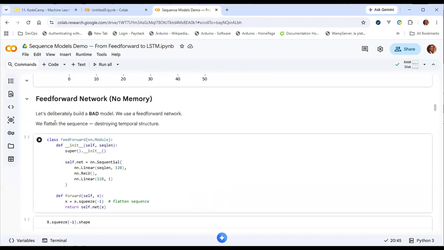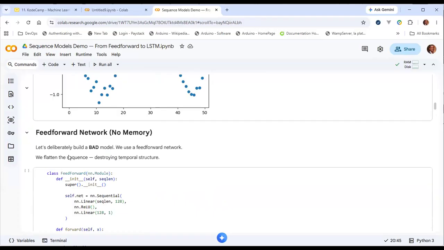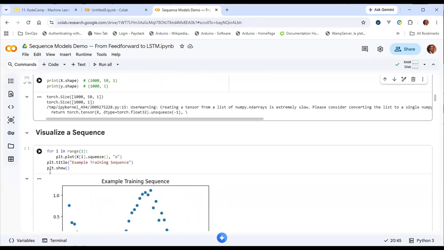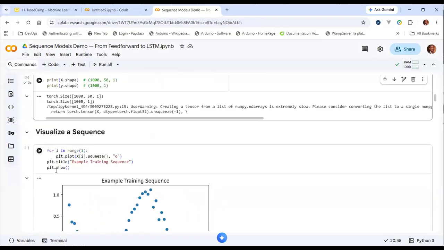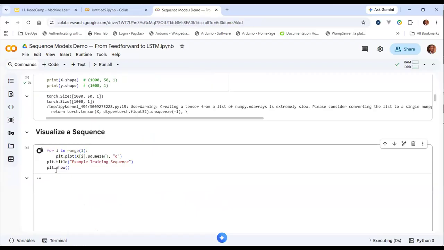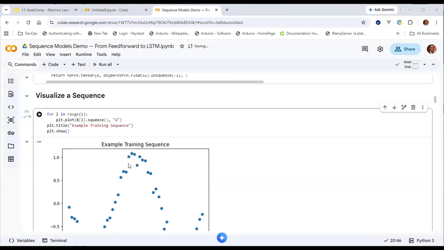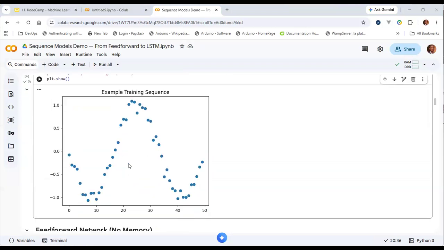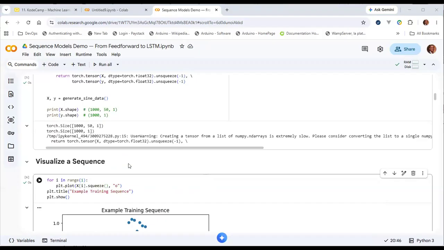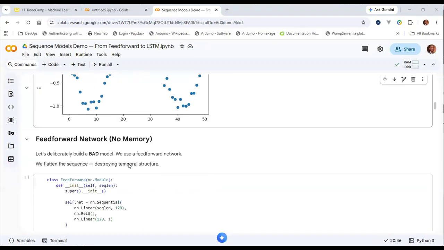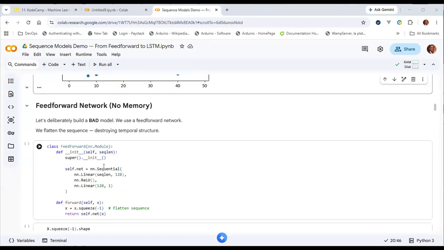All right. So we now try to use different models to predict the next value in this data, right? So we try to train a feed forward. A feed forward is a simple network.